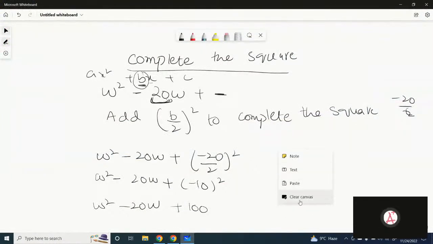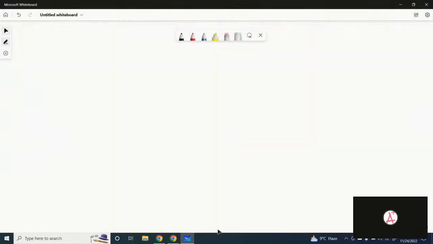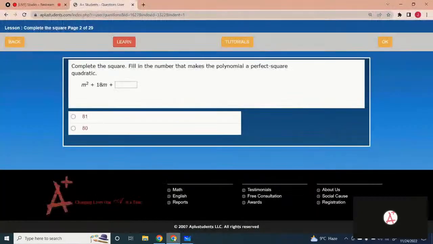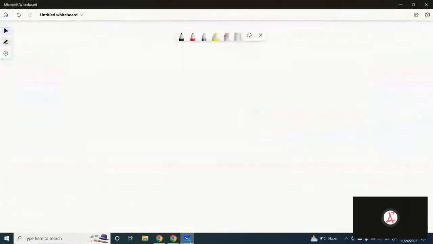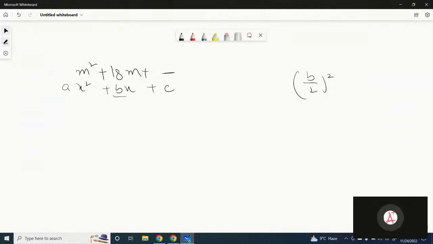Okay, the next one is m square plus 18m plus the missing number. So equate the equation with this one, ax square plus bx plus c. So you have to add b divided by 2 whole square to complete the square. Just add this in.